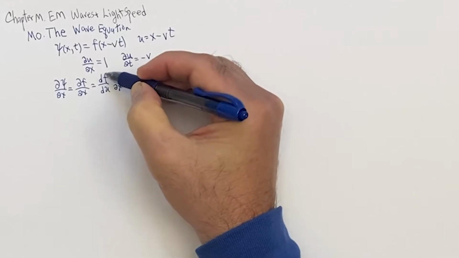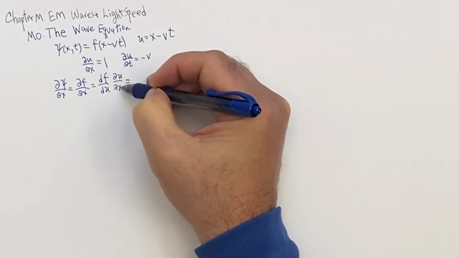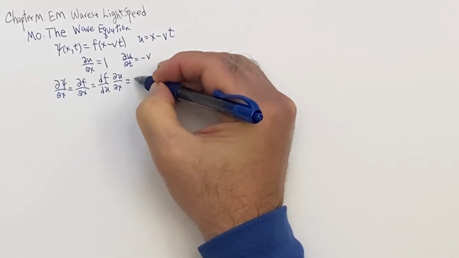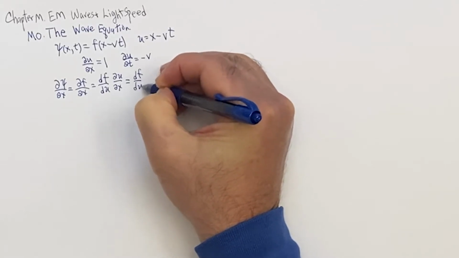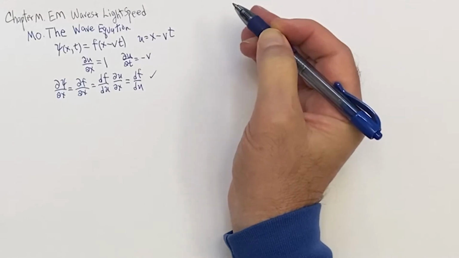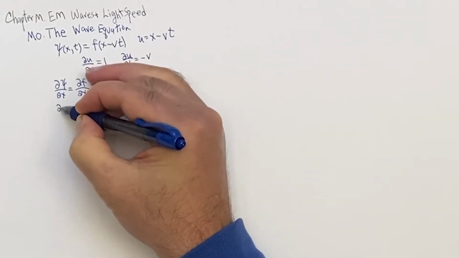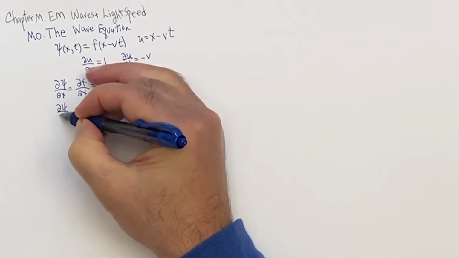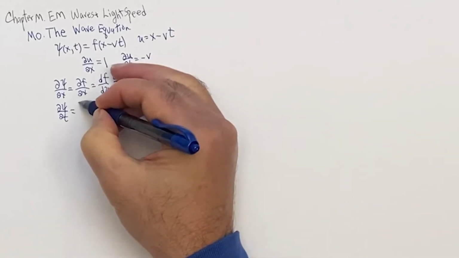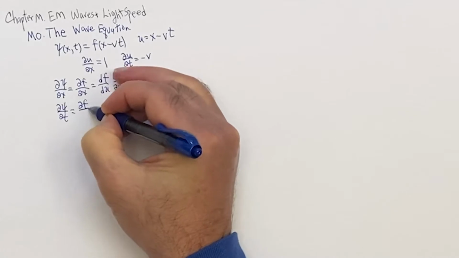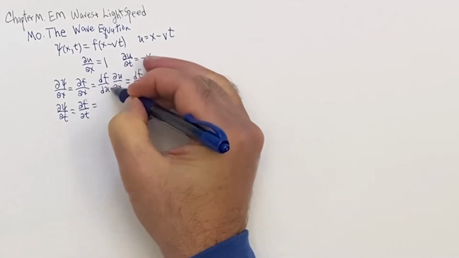Now the derivative of u with respect to x is 1, so this is going to be df/du. All right, that's what we get. If we take the partial derivative of psi with respect to t, then we want the partial derivative of f with respect to t, and we set it up the same way.